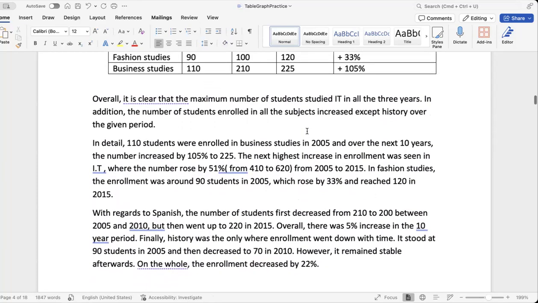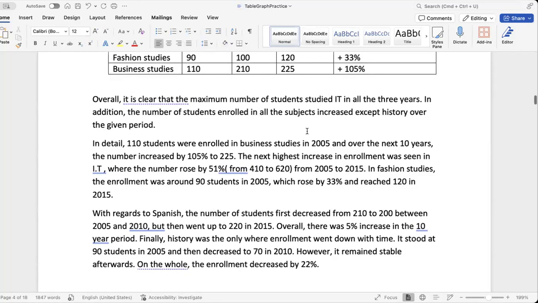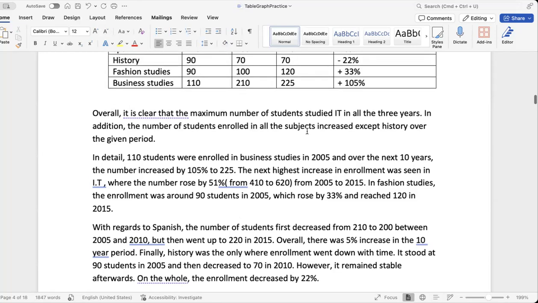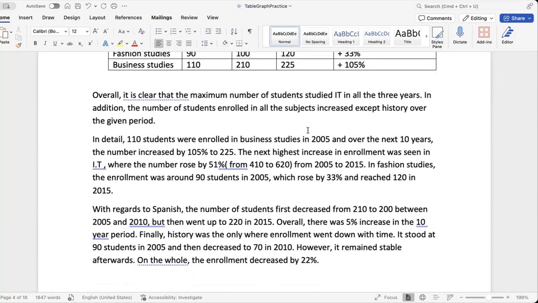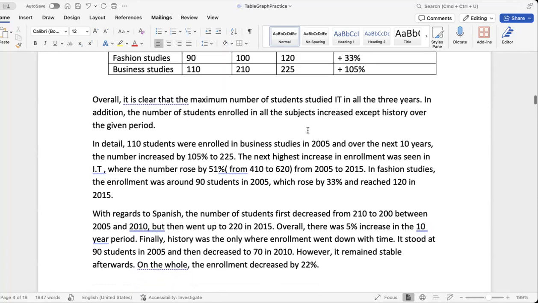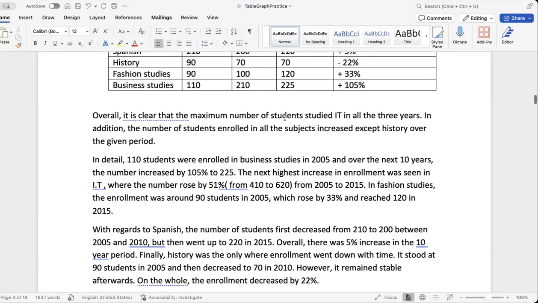Can we go forward? Yes, sir. If on the table there is the total number of students, in business study or other subjects, how can we mention it in our written text? Sorry, can you repeat?